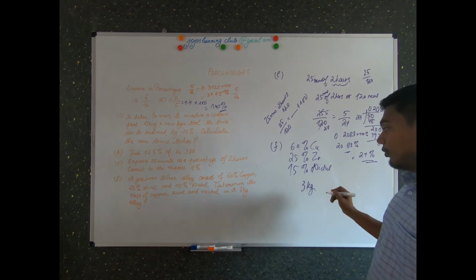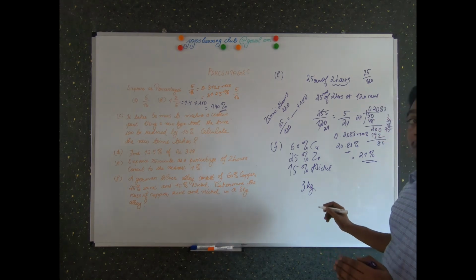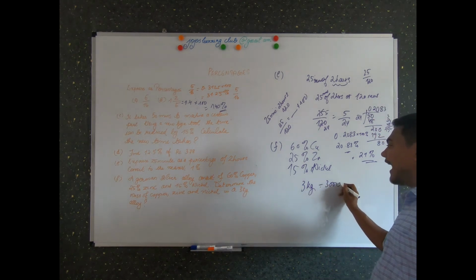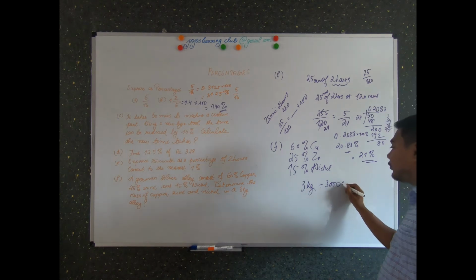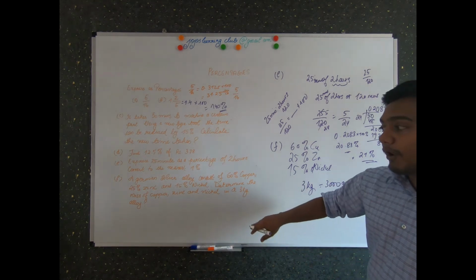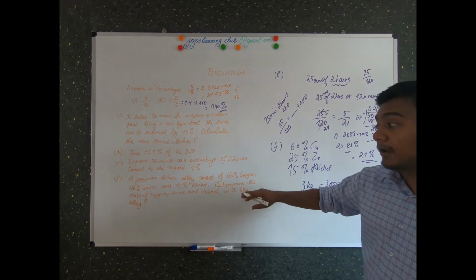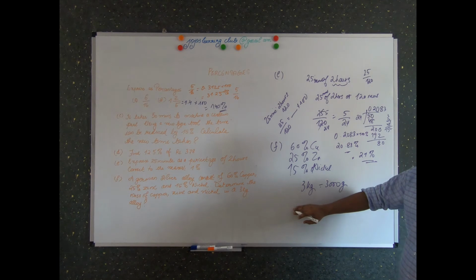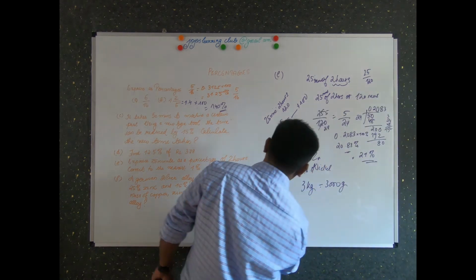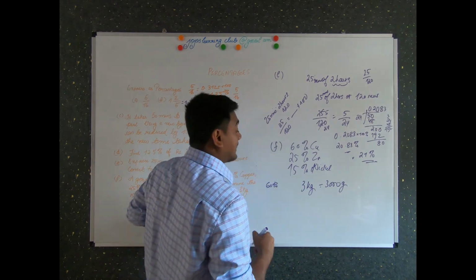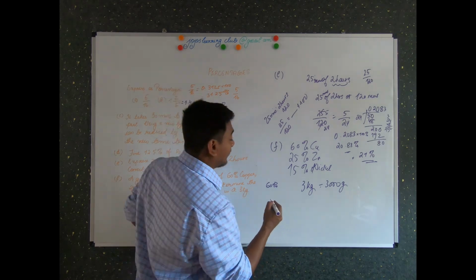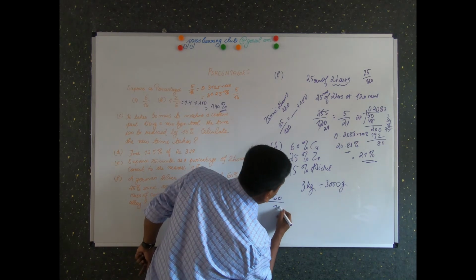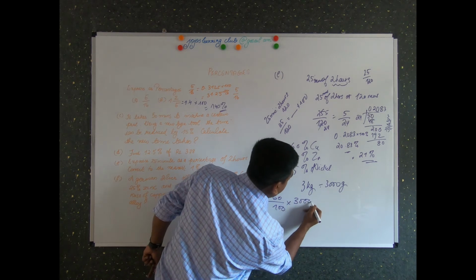It's better to write in terms of grams, so we have a better number that's easier for our calculation. What we have to do is determine the mass of copper, zinc and nickel in 3 kilograms of alloy. The alloy is composed of 3 kilograms, which we write as 3000 grams. 60% of copper: how can you represent 60% as a fraction? You can write it as 60 by 100 into 3000.